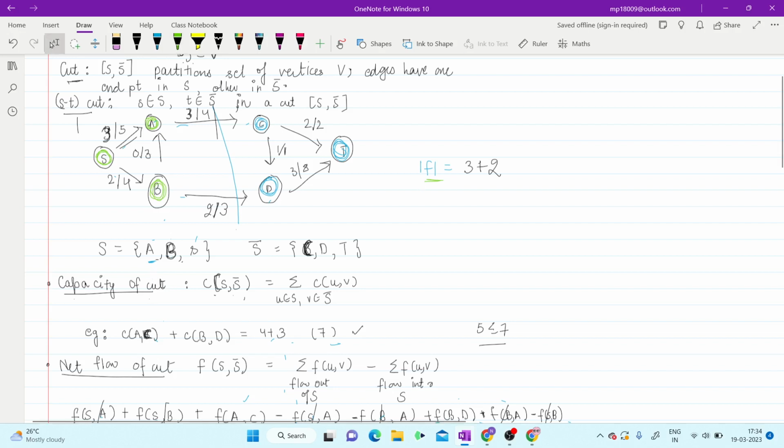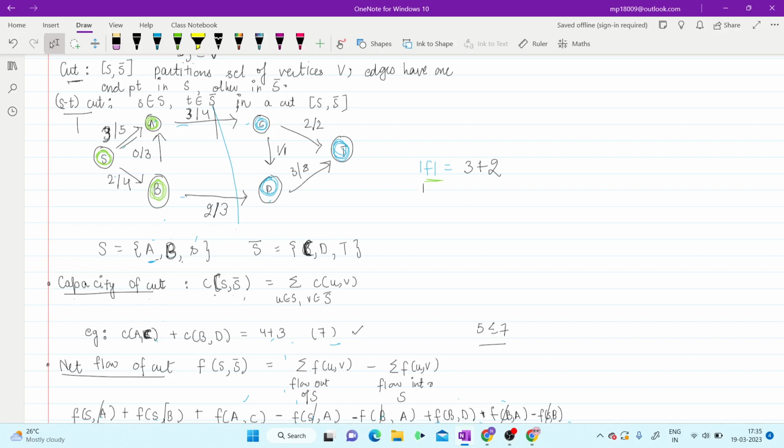By maximum flow we mean, what is a flow? A flow is basically a function which assigns a non-negative value to each edge such that two rules are satisfied: the conservation law and the capacity rule. And if we consider all the possible flow functions, the function which has the maximum flow value is the maximum flow.